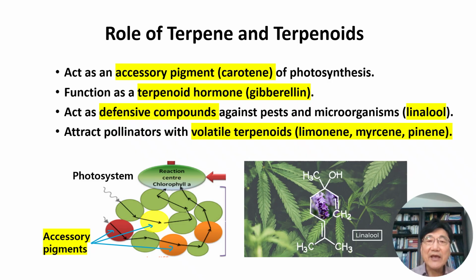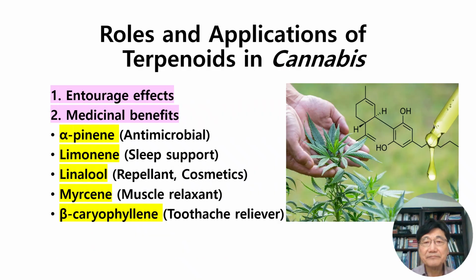They function as a terpenoid hormone and act as defensive compounds against pests and microorganisms. Additionally, they attract pollinators with a volatile monoterpenoid or a sesquiterpenoid. Terpenoids contribute directly to the entourage effect. I will talk about that in the next module.